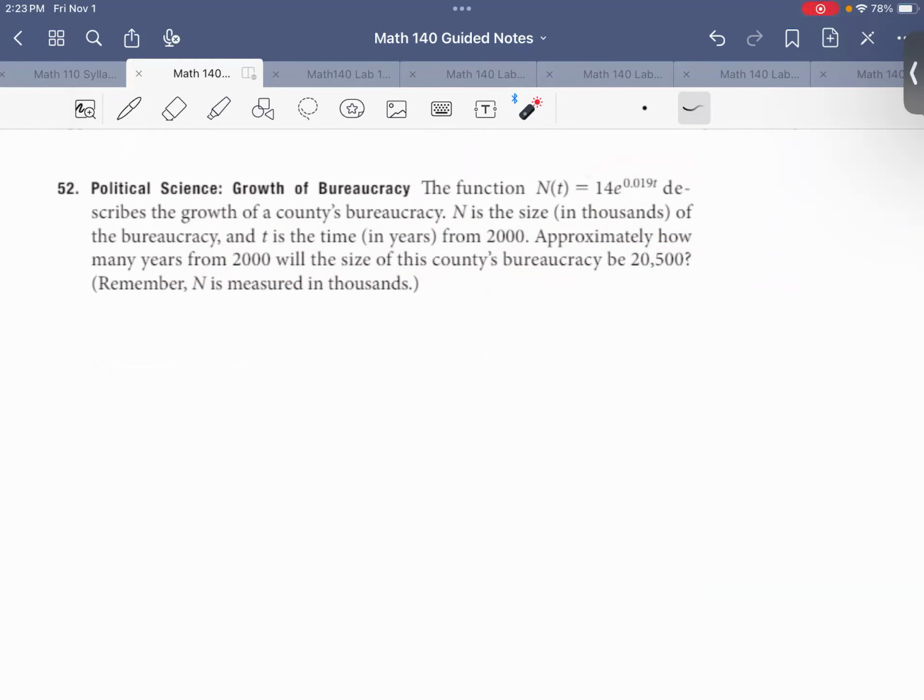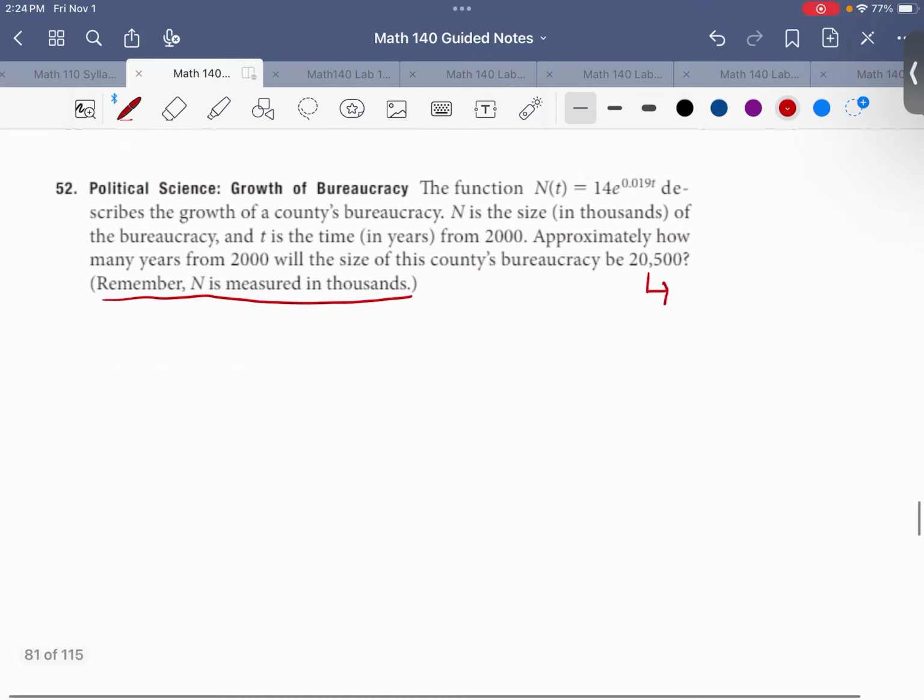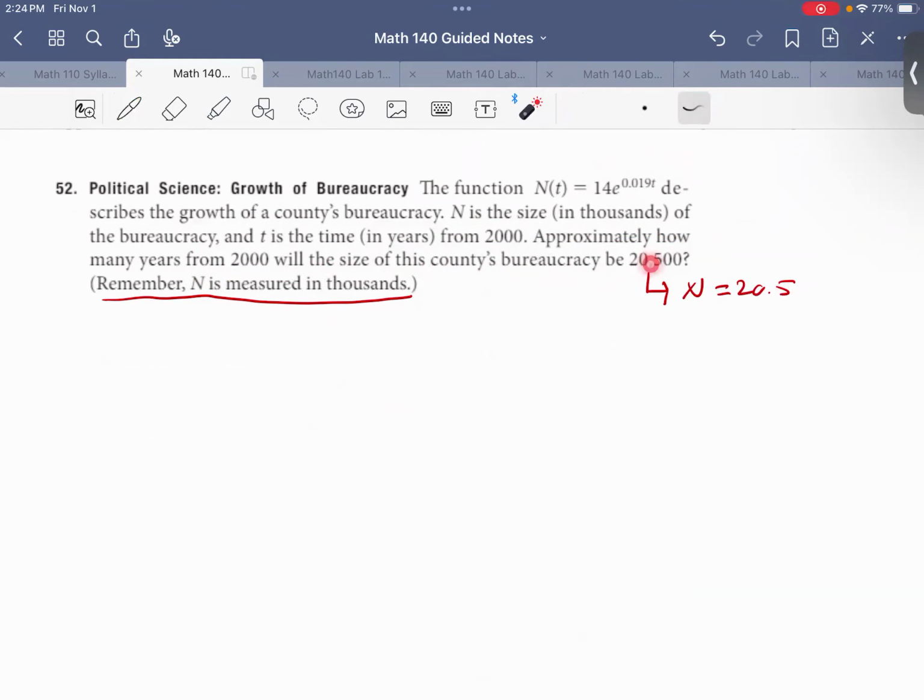Okay, so remember N is measured in thousands. So since N is measured in thousands, what I need to do is change this to N equals 20.5. So it'll be 1, 2, 3 moved over to 20.5.